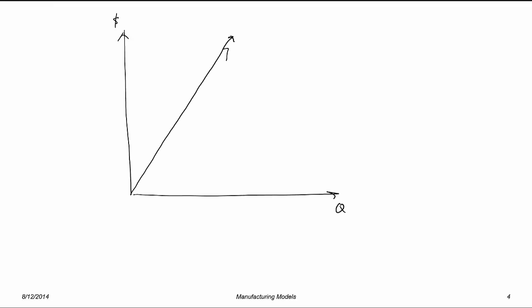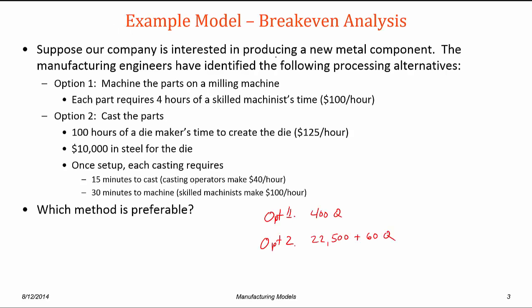Let's go this way instead. Here we are at 0. This is option 1. For option 2, we start here at 22,500, and we move up at a significantly different slope of 60.